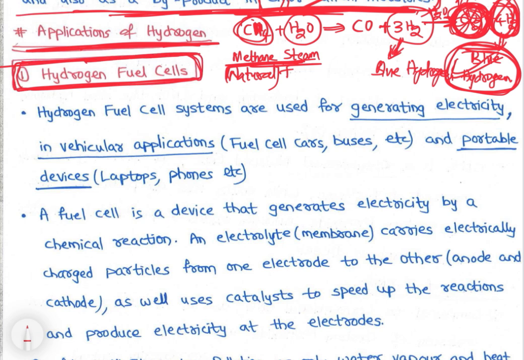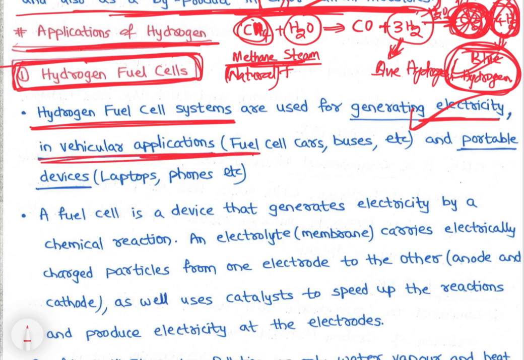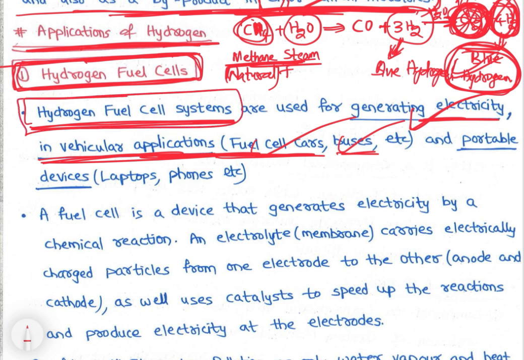Hydrogen fuel cell systems are used for generating electricity in vehicular applications, like fuel cell cars and buses. Hydrogen fuel cells are used in cars too, which will also be studied.